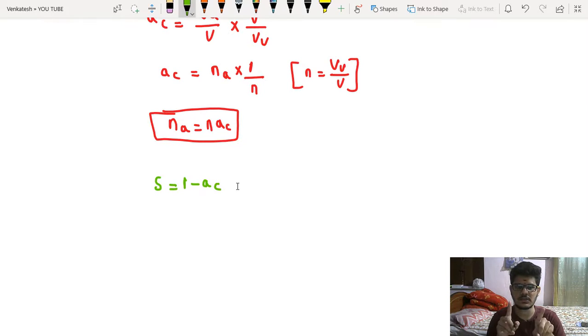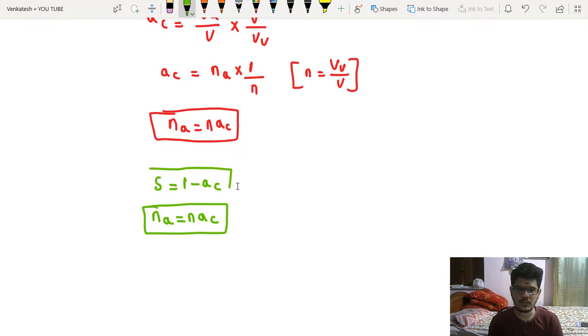And Na is equal to n into AC, so percentage air voids is equal to porosity into air content. So this is what about degree of saturation, percentage air voids, and air content. The definitions we have discussed, and the minimum limit and maximum limit we have discussed.